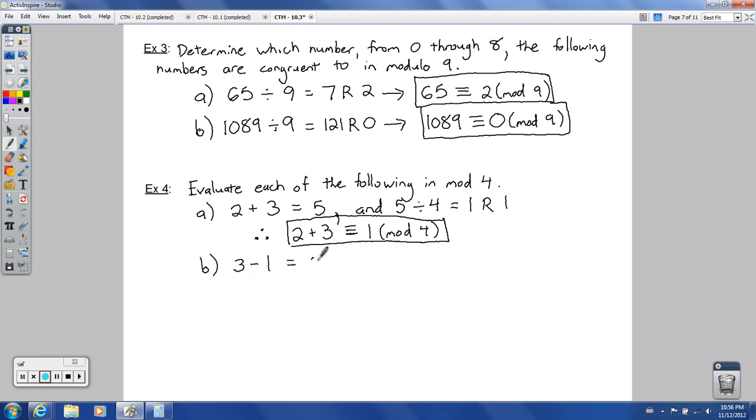What would that be in mod 4? 3 minus 1 is 2, and 2 divided by 4 is 0 with a remainder of 2. The remainder is 2. So 3 minus 1 is congruent to 2 mod 4.